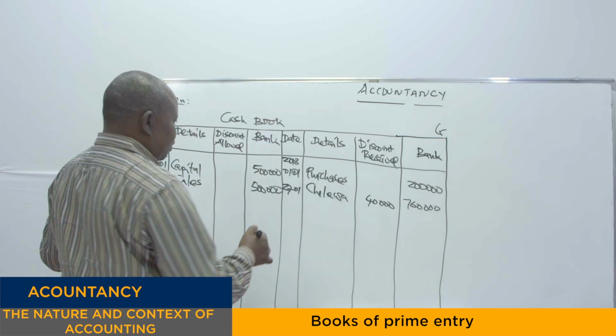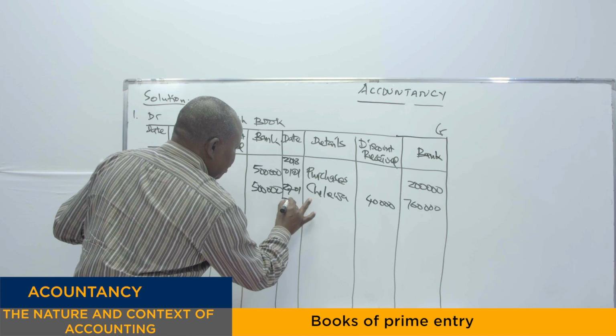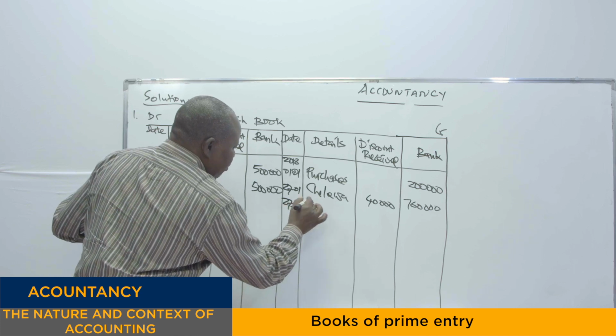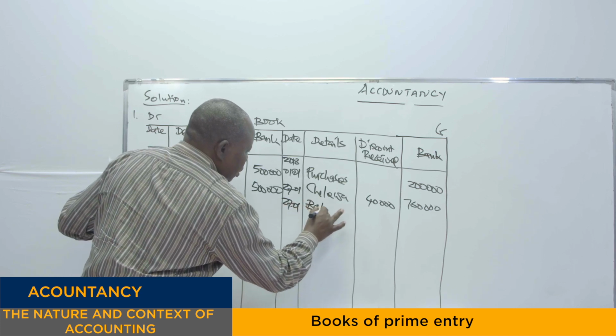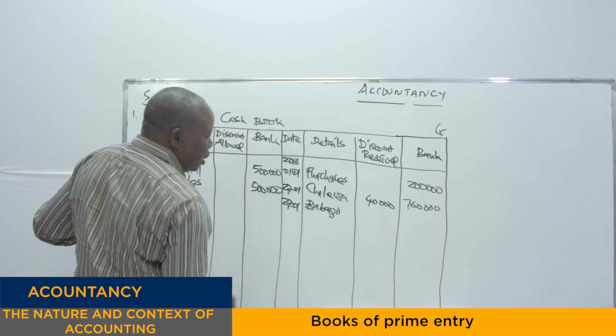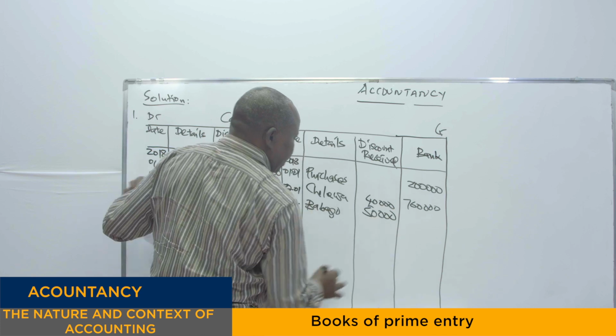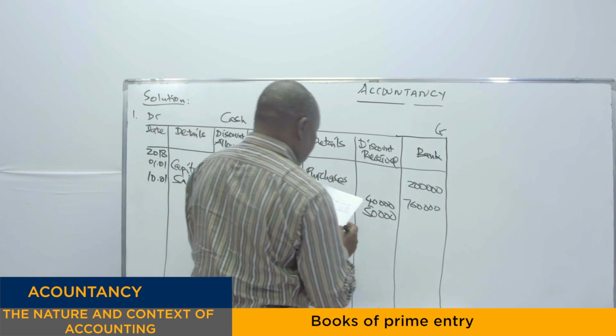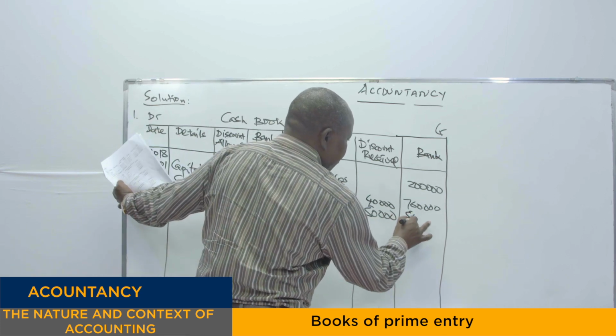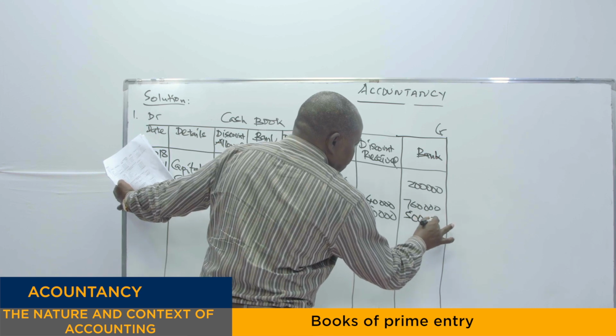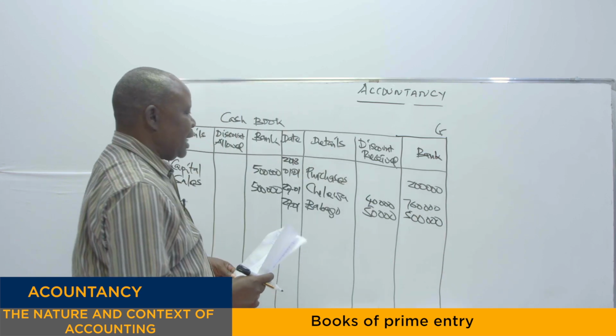So the same date. So we write 27th of January, Babago. Discount received is 50, and the amount of check is 500.